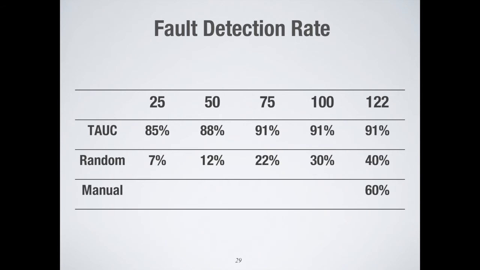Please note that all the faults covered by random testing and the manual test are also covered by our approach, and the small percentage of faults not covered by our approach are also not covered by the other two approaches. Limited observability is the reason why TALC can't cover all the faults. Details are presented in the paper.